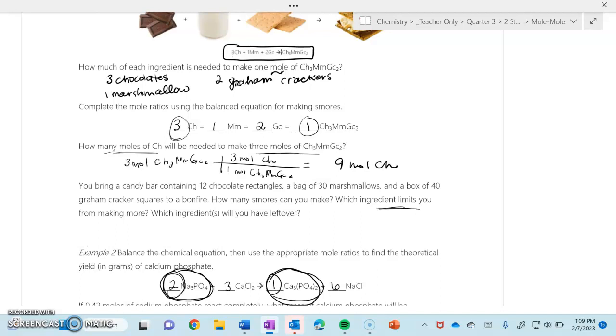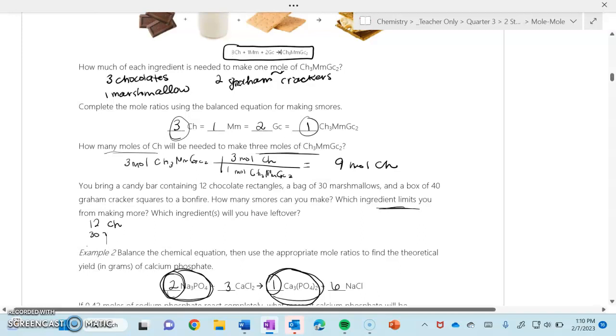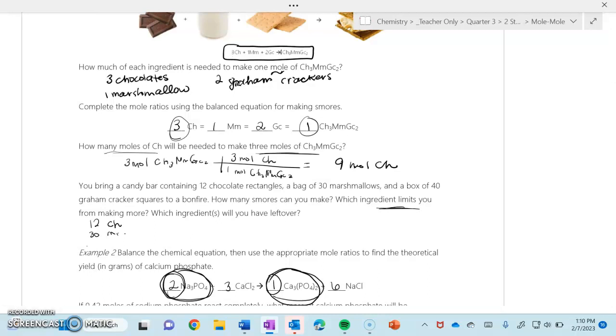So you bring a candy bar containing 12 chocolate rectangles. So I'm writing down all the things that we have available. 12 chocolates, a bag of 30 marshmallows, and a box of 40 graham crackers. How many s'mores can you make?